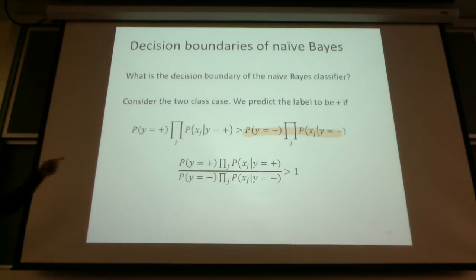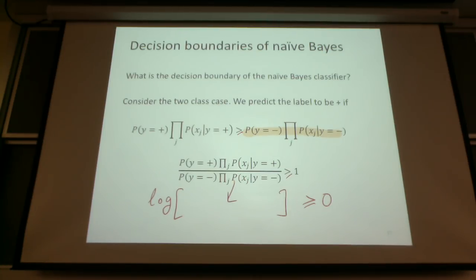The label is plus if this ratio is greater than one. I could now take the log of this. So if the log of this quantity is greater than or equal to 0, log of 1 is 0, the label is plus.